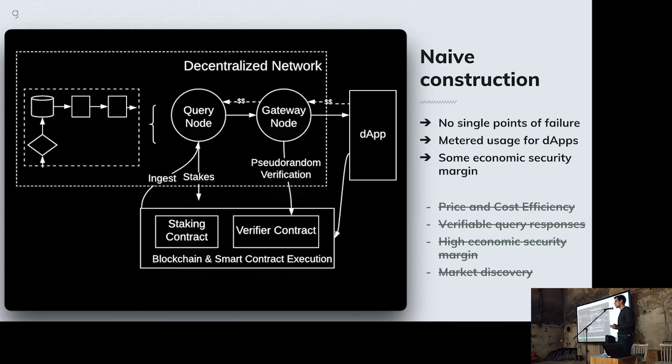And that's important as you're designing your system because for different use cases, like if your dApp is an exchange or it's going to cause users to make decisions that are economically significant, then you want to know how much of a guarantee you have that the data you're working with is correct.